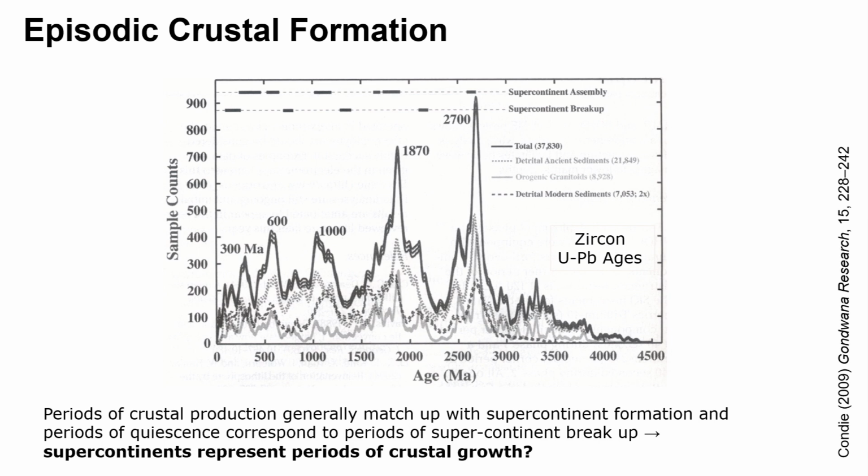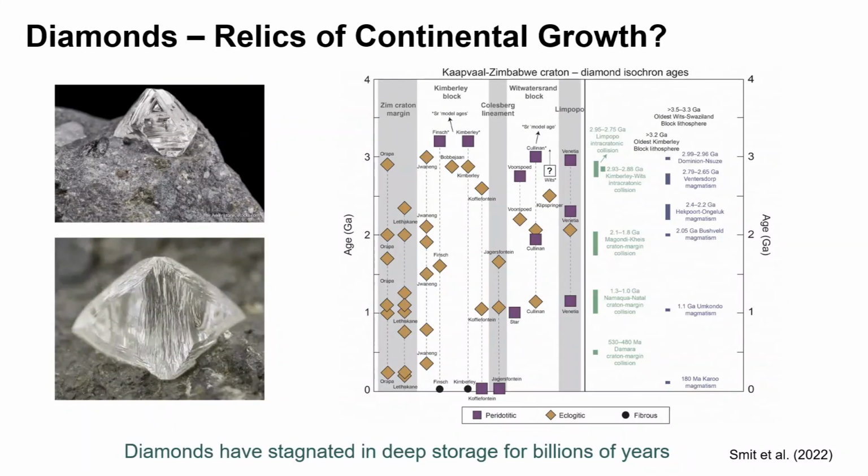It's not necessarily always representative of other stuff that's going on on the planet in between. And lastly, something which I think is really quite fascinating is that when we look at diamonds, which almost exclusively occur in those regions I just showed you, these diamonds don't just form at one point in time. If we take any particular diamond mine, these are examples from Africa, we see that any given diamond mine may have 4 or 5 or even 6 populations of diamond growth.